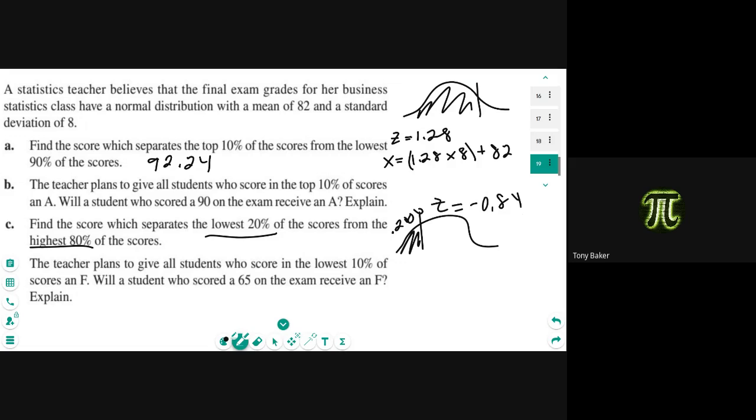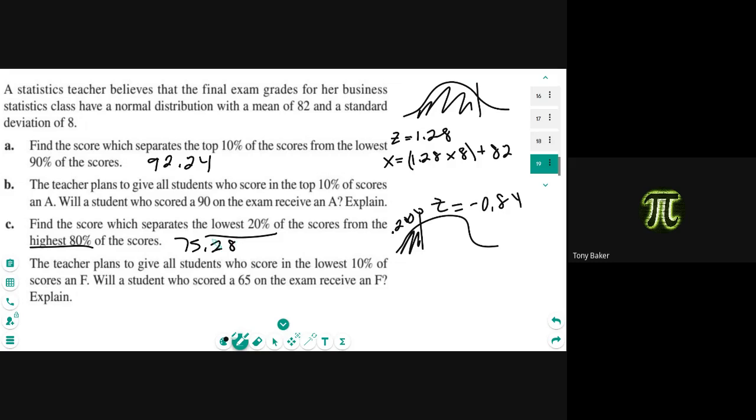So now we're going to do the exact same thing I just did a minute ago. Negative 0.84 times 8 plus 82. 88.72? No, 75.28 is the score.